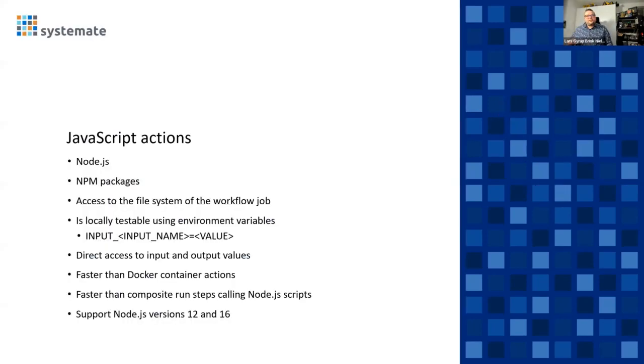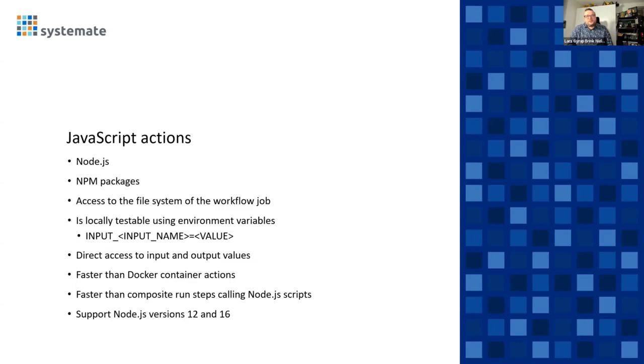But if you're creating another one of the other types, then you have a few more benefits. So since we're Angular developers, we might also know Node.js. And when we use Node.js, we have some NPM packages available. We have access to the file system of the job in the workflow. We can also test it locally by setting environment variables using this pattern here.